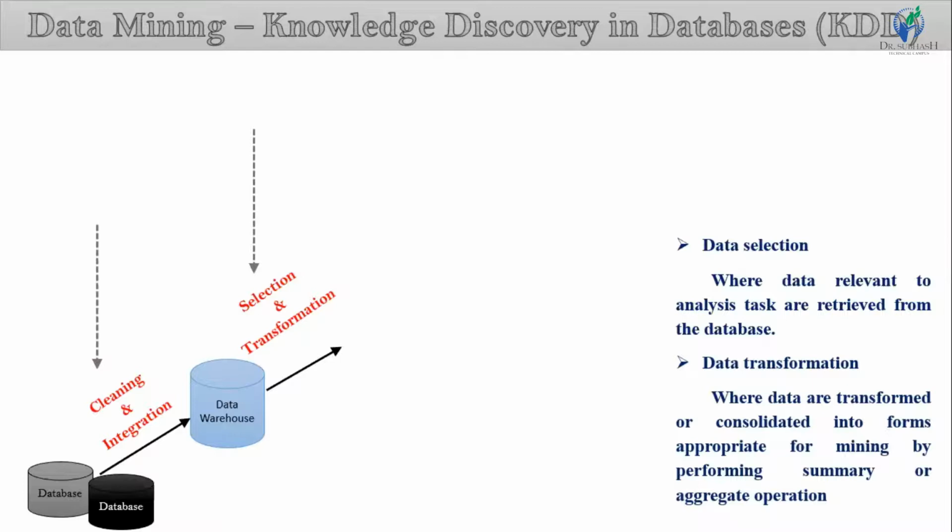Data transformation is the process of transforming and consolidating the data into different forms that are suitable for mining. Data transformation normally involves normalization, aggregation, generalization, etc.